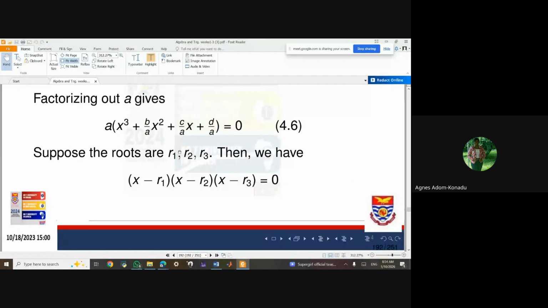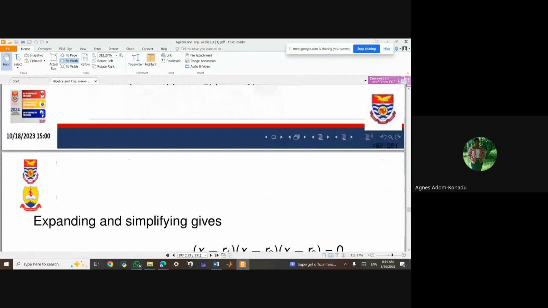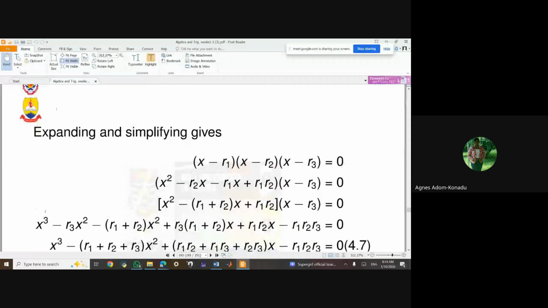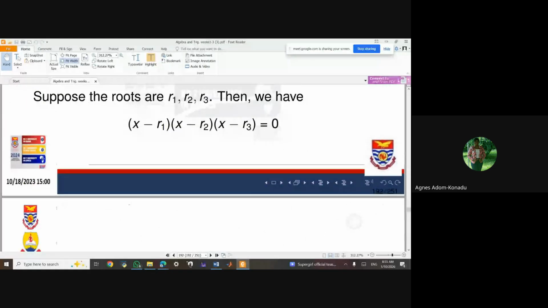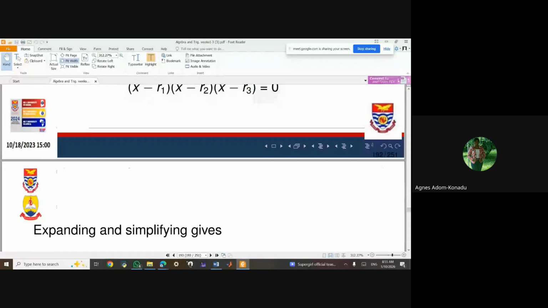So if I have 3 roots like this, 3 zeros, then it means that the function can be written as x minus r1, this is a factor, x minus r2, and then x minus r3. So when I expand, this is equal to 0 because they are roots or factors.